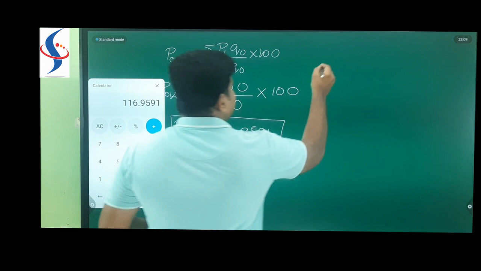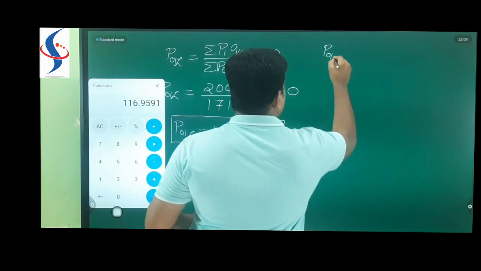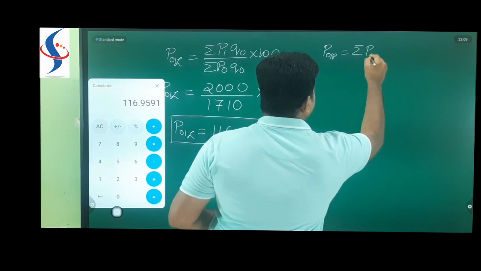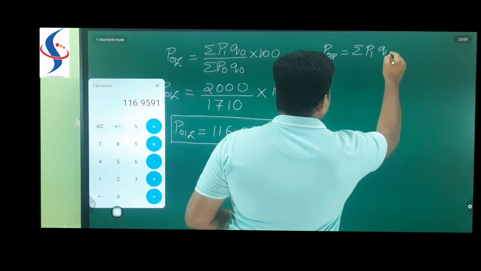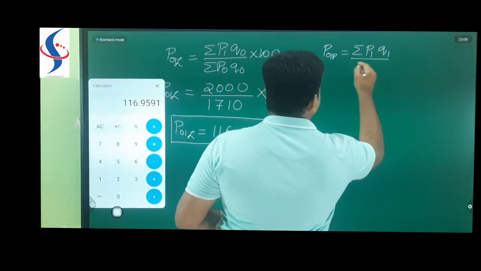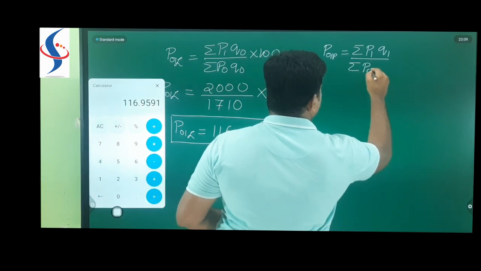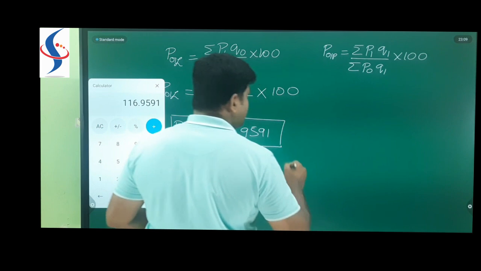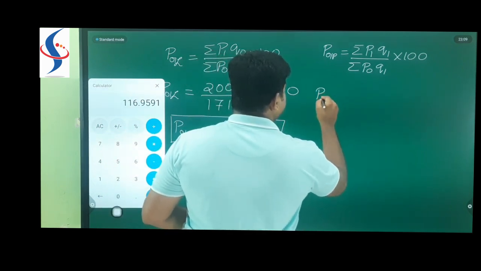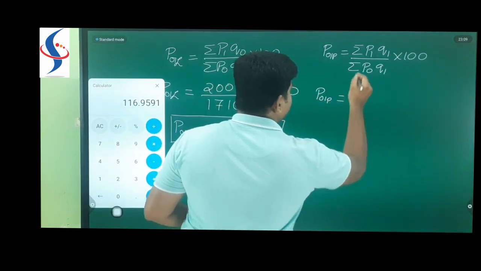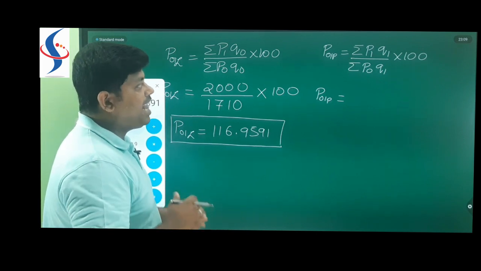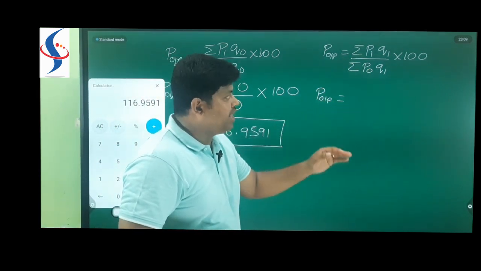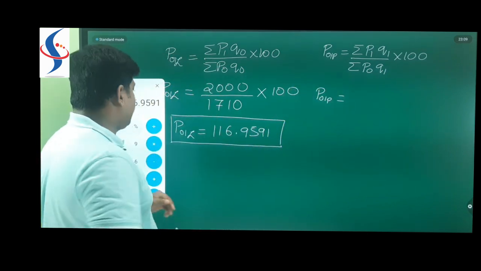Continuation, Paasche. P01 Paasche, the formula is summation P1 Q1 divided by summation P0 Q1 into 100. So for P01 Paasche, from the table we need to see the values of summation P1 Q1 divided by summation P0 Q1, then we can calculate.